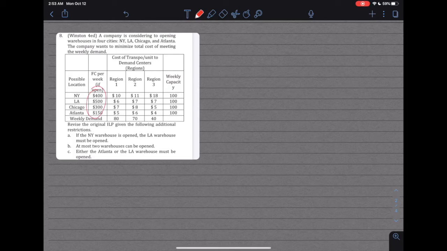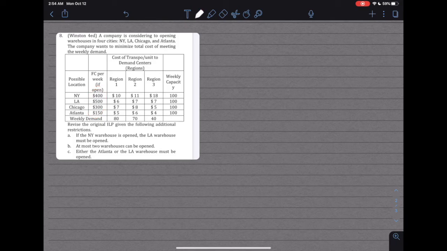Therefore, you also have to determine which plants to open, if you need to open all plants, or which plants to just open in order for you to minimize your cost. It's possible that not all four plants will be needed to meet the demand of your products.